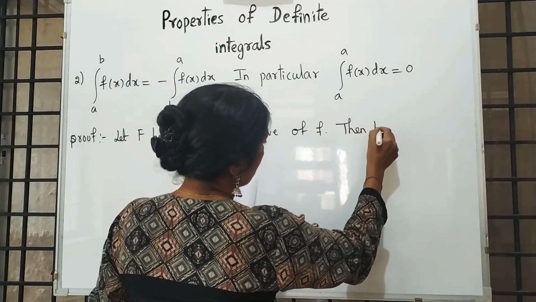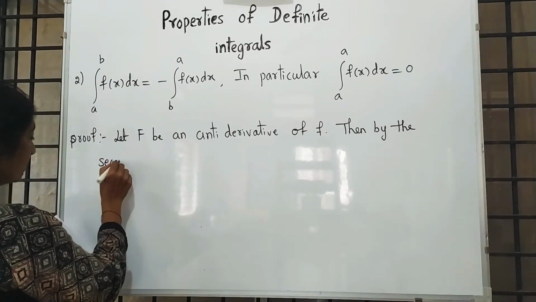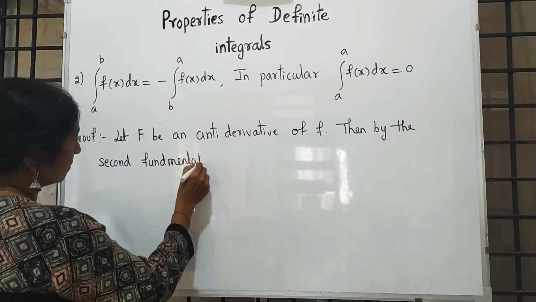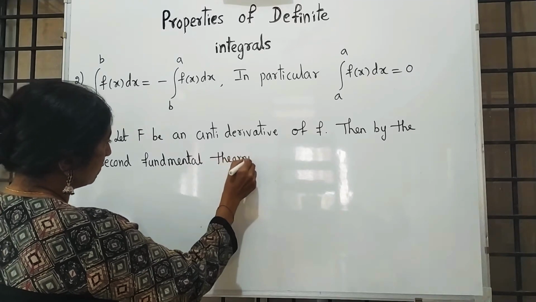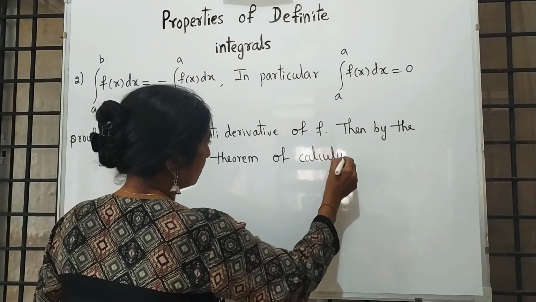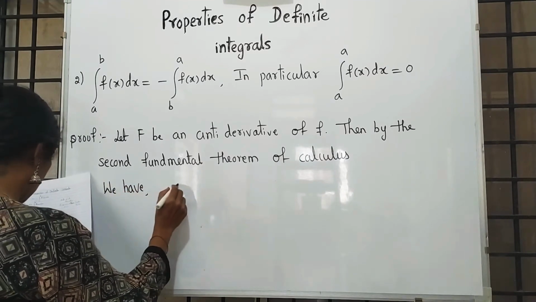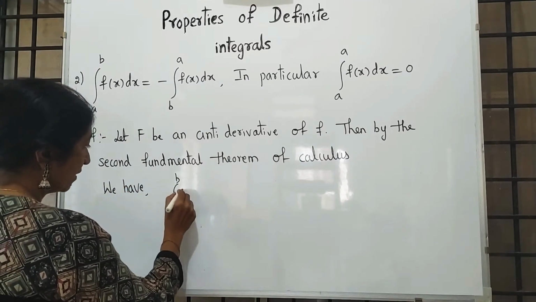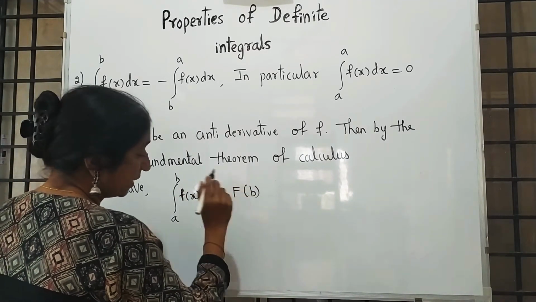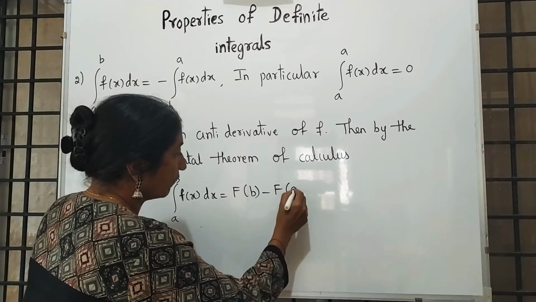Then by the second fundamental theorem of calculus, we have integration from a to b f of x dx will be, after integration, we have to write the upper limit and lower limit: F of b minus F of a.